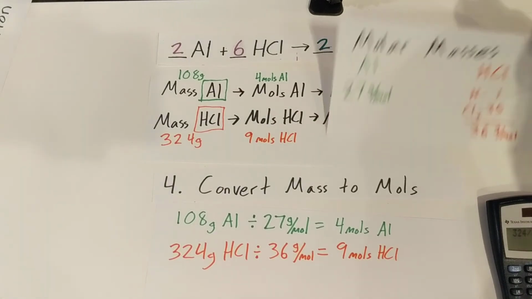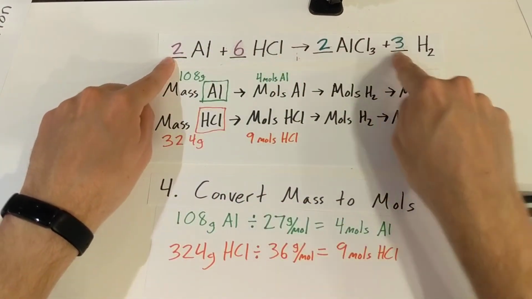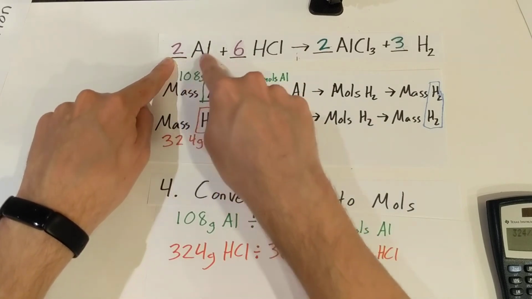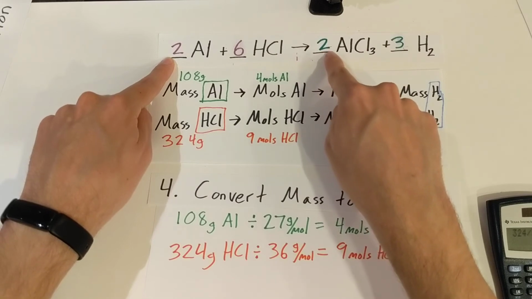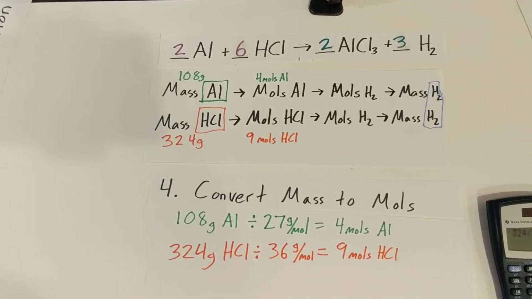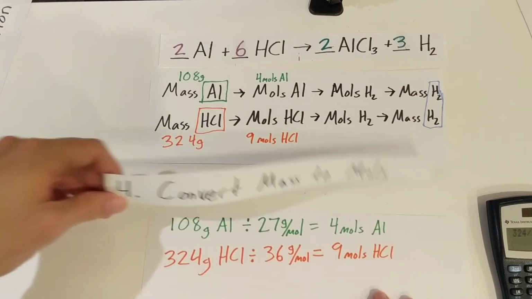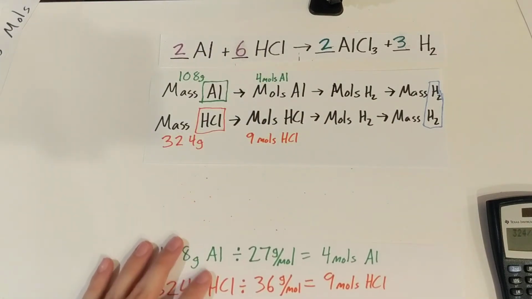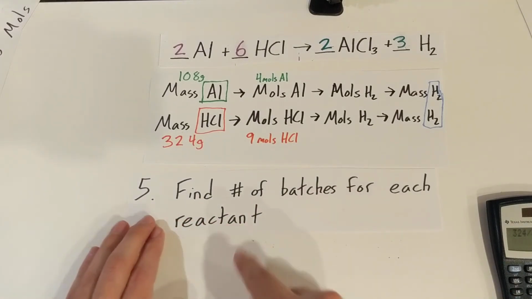All right, so we've used our molar masses to convert to moles. Now, remember our balanced chemical equation, these are all in moles. This would be 2 moles of aluminum plus 6 moles of HCl will react to form 2 moles of aluminum chloride and 3 moles of hydrogen. So our next step, after we convert our mass to moles, is to find the number of batches for each reactant.